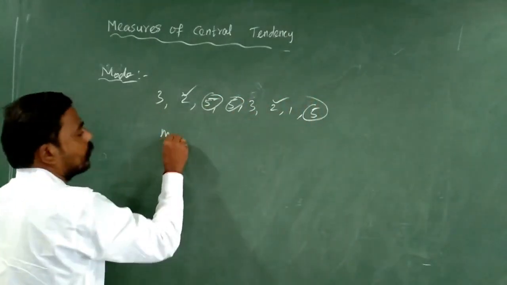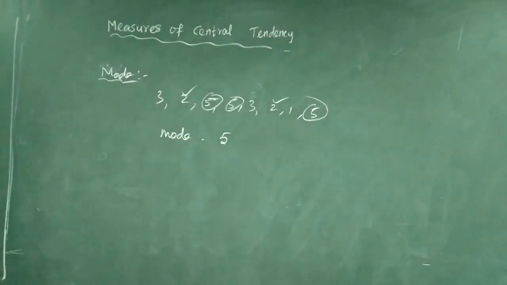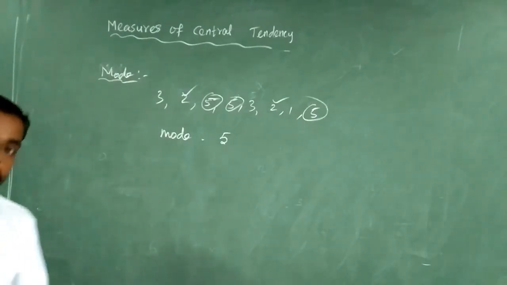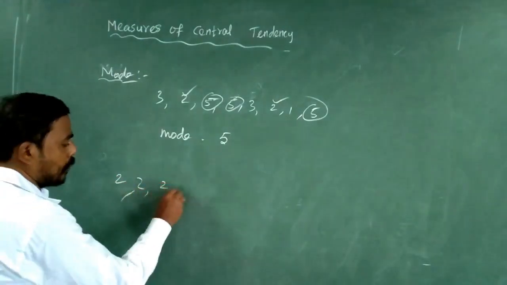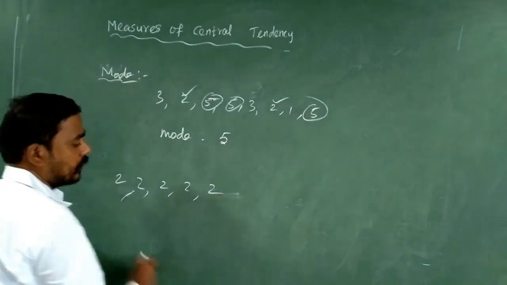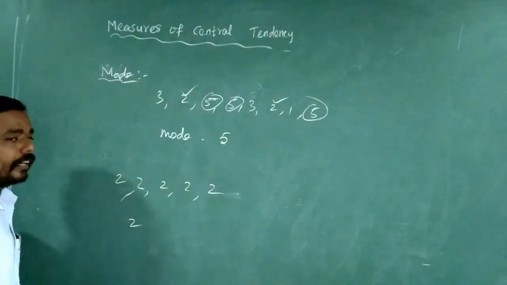So now the mode: we can say unimodal, bimodal also. We have only one mode number, so automatically it's unimodal. Only one number occurs most, so 5 is the mode. So finally only one mode.